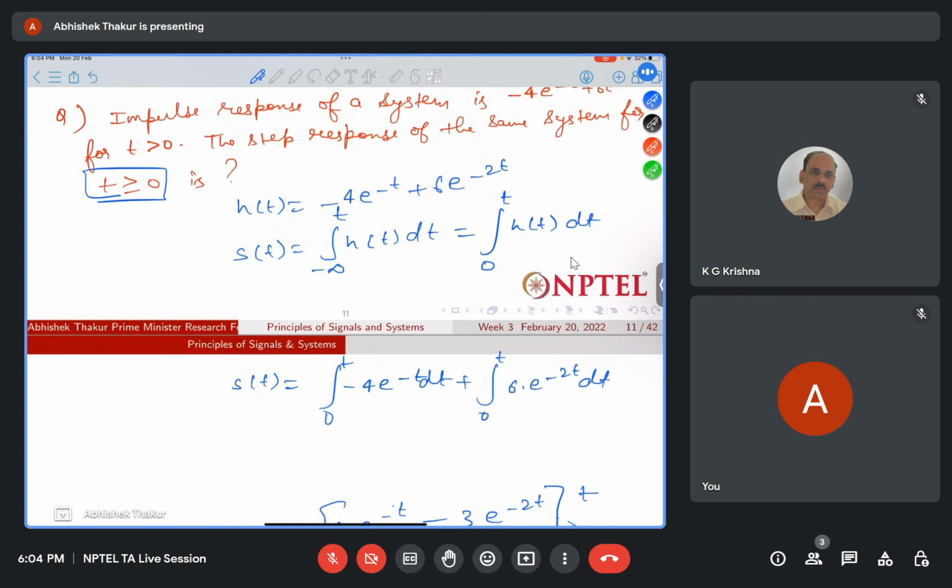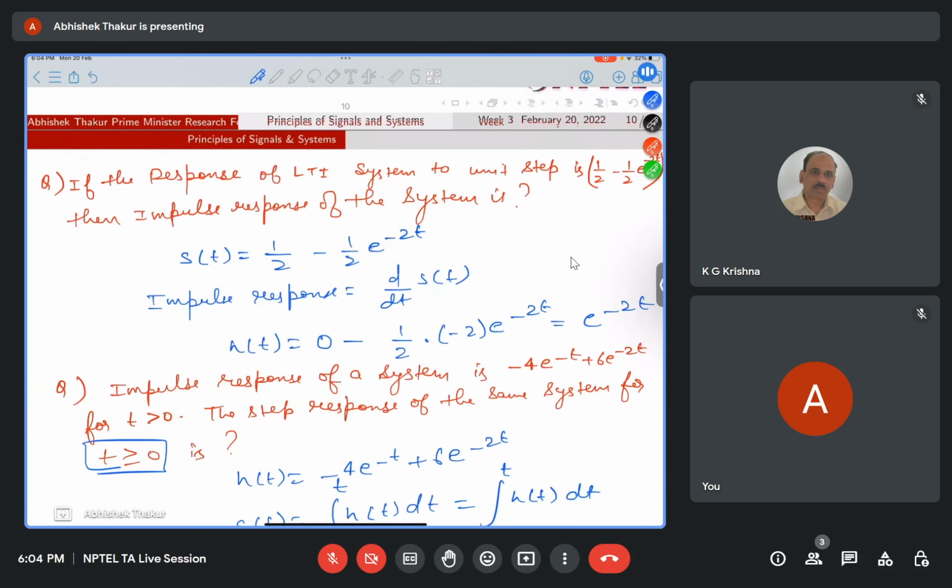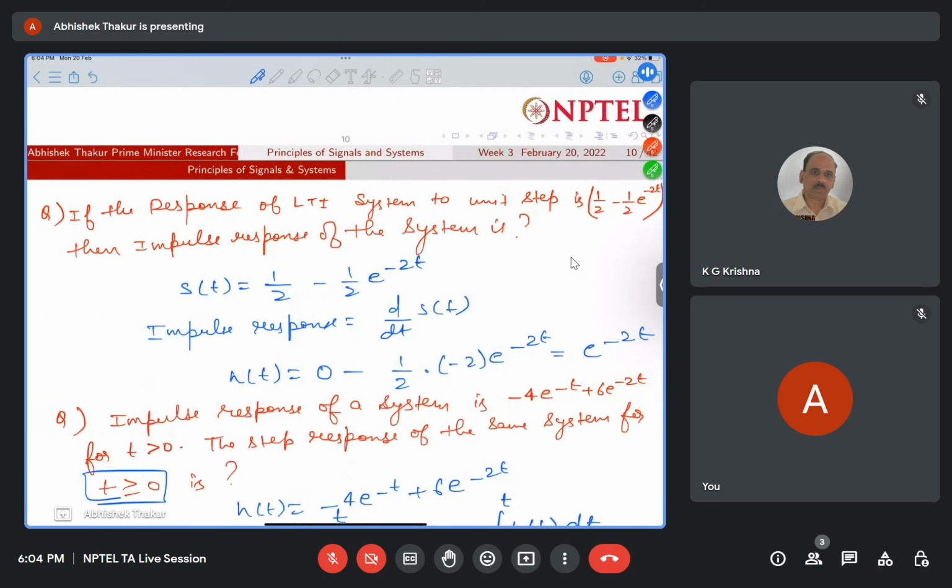If you have any doubt in this, you can ask. This is a simple question. We have to integrate to go from impulse response to step response, and we have to take the derivative when we have to find the impulse response from the step response.